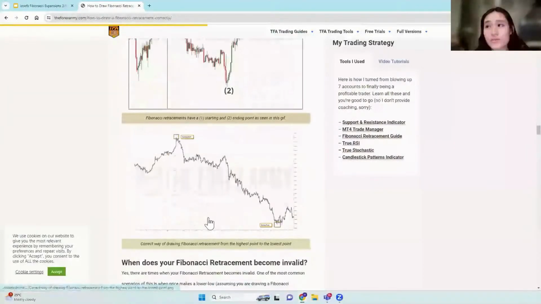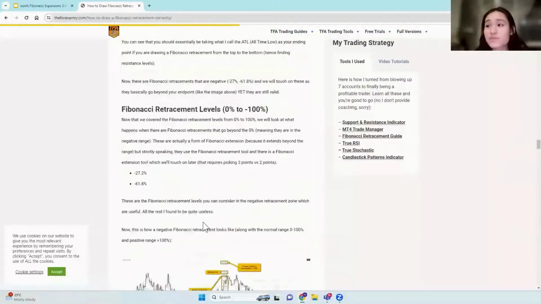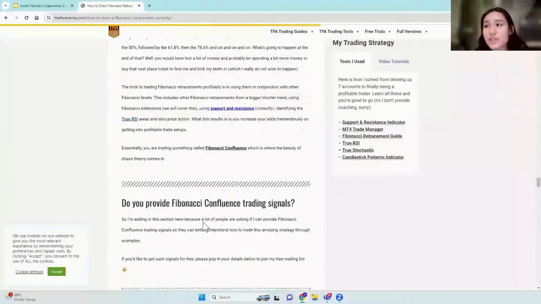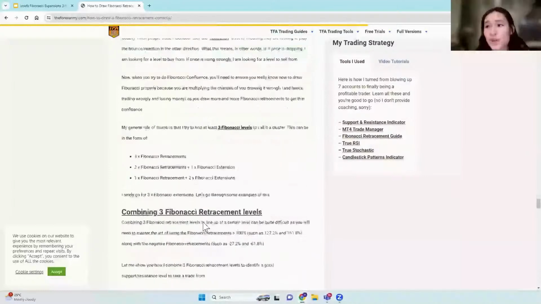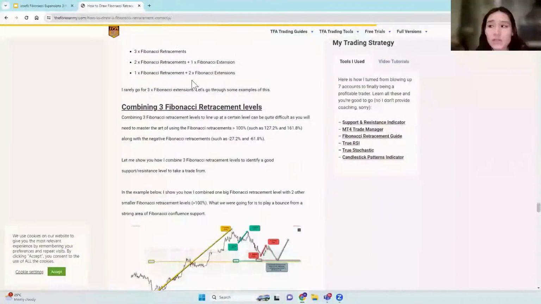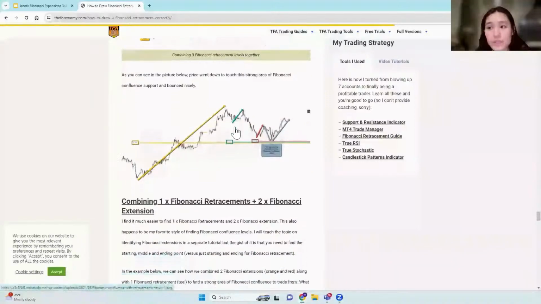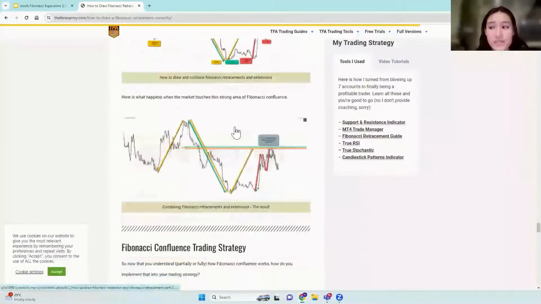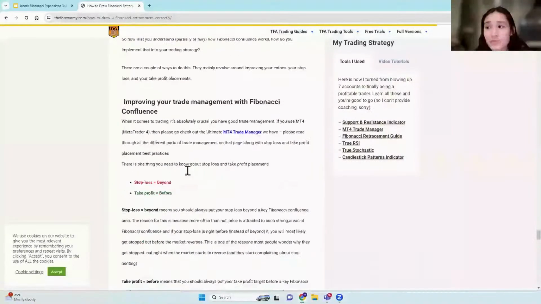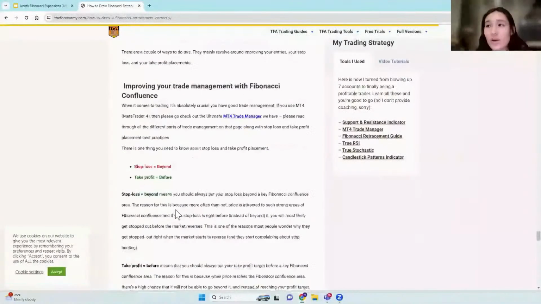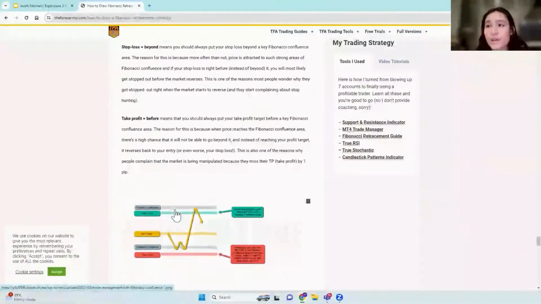Okay, so there's some examples here, and they go through each of the Fibonacci levels as well. You can see here, they're talking about combining the Fibonacci levels, which is what we'll talk about later on when we're talking about Fibonacci confluence levels. And here we're talking about trade management strategies.